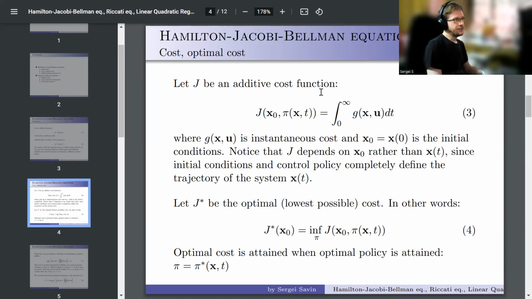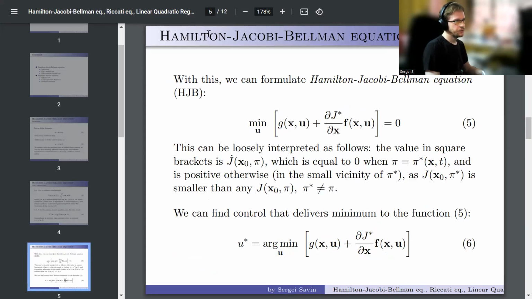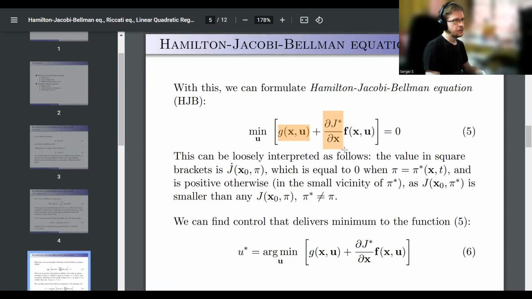That's it. So this component, and the partial derivative with respect to x times x dot is this component. You can interpret it as x dot, the full time derivative.